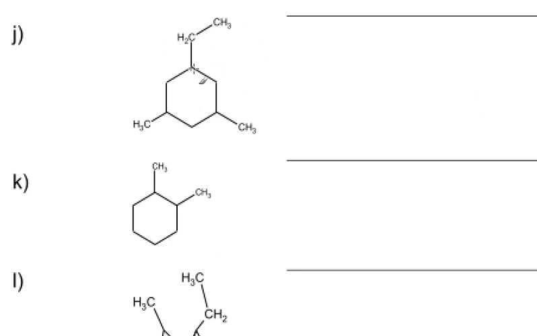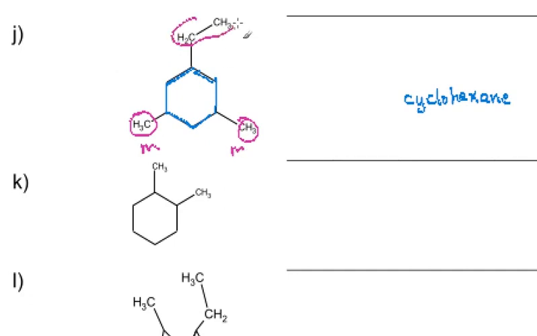What's this? Hexagon. 1, 2, 3, 4, 5, 6. So we have cyclohexane. On that we have a methyl group, another methyl group, and an ethyl group. E goes first, and that's carbon number 1, so 1-ethyl.